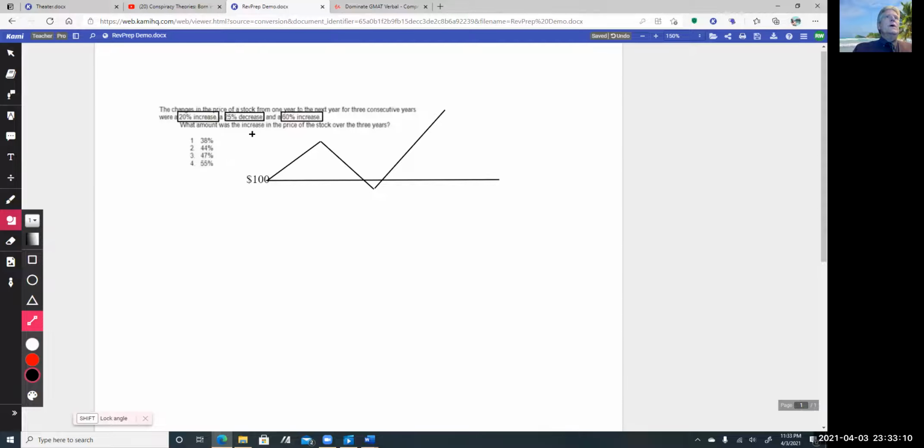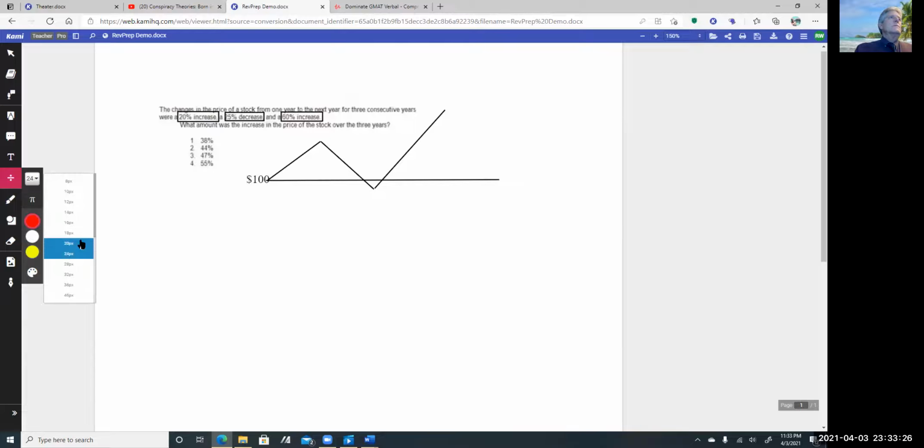We're given 3 possibilities here, but we don't want to guess. So let us just take an approach to this. So we're starting with $100, and we're going to add 20%.